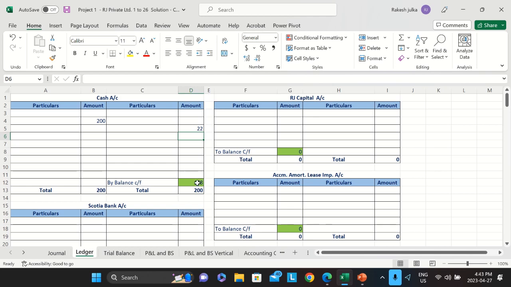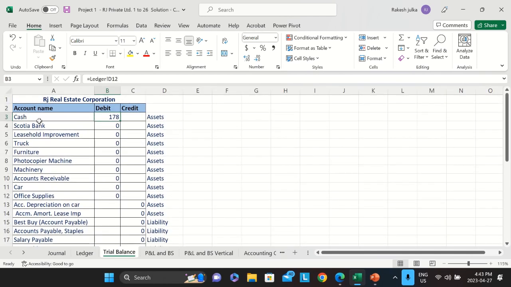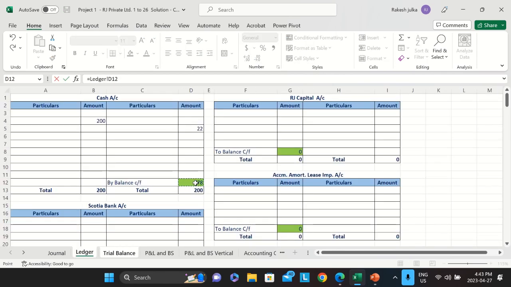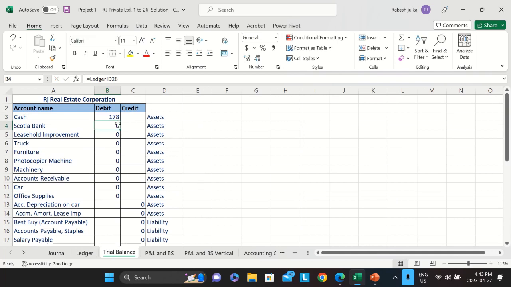So when this figure is coming, what I did in the trial balance, look at this, the cash is coming here automatically. How is this coming? I did a very simple process: equal to sign here, go to the ledger, click here and enter. This is coming in the same way for all the balances.